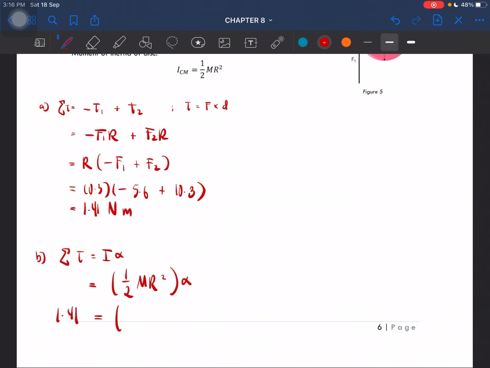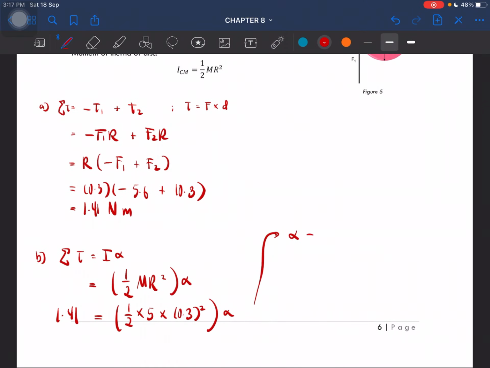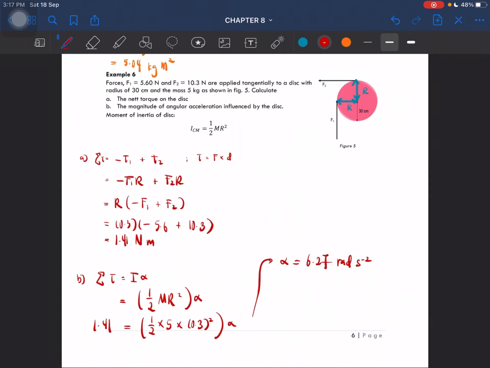Then this is half times 5, which is the mass of the disc, times the radius, which is 0.3, squared, multiplied by alpha, which is what we are looking for. So you then get the angular acceleration to be equal to 6.27 radian per second squared. Okay, so that is the solution for example number 6.